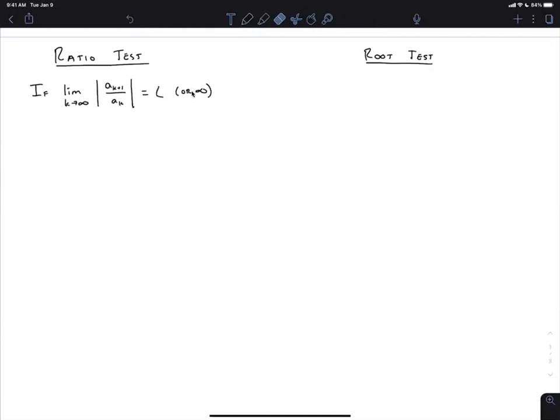It can't be one where the limit just doesn't exist. All right, so equals L or infinity. Then if L is less than 1, then the corresponding series converges absolutely.